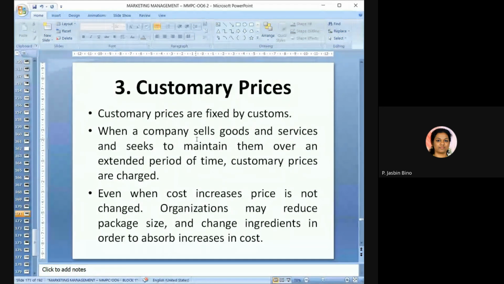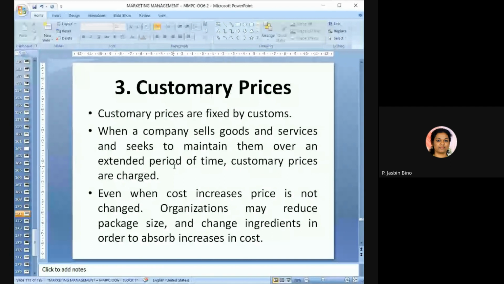Then next one is customary pricing. These are the prices fixed by customs. When the company sells goods and services and seeks to maintain them over an extended period of time, customary prices are charged. Even when cost increases, price is not changed. Organizations may reduce the packing size and change ingredients in order to absorb increases in cost. Just take an example of Cadbury's Dairy Milk.